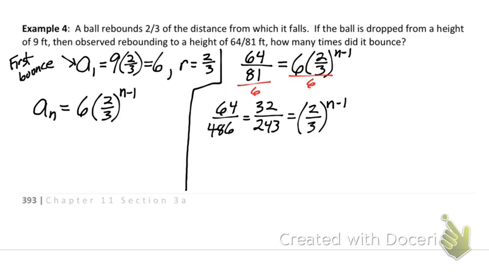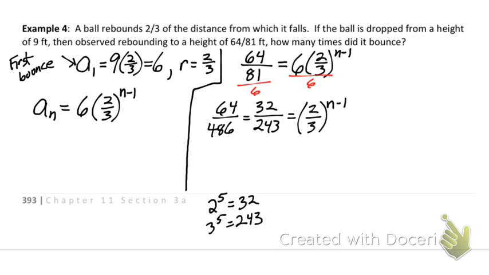I have 2/3 to some power. I want to see if I can turn this into 2/3 and see what power that would go to. Well, 2 to the 5th power equals 32, and 3 to the 5th power equals 243.